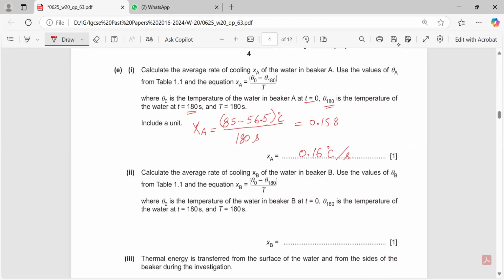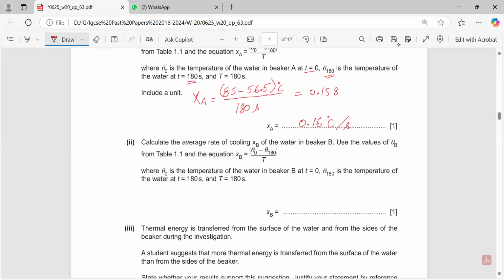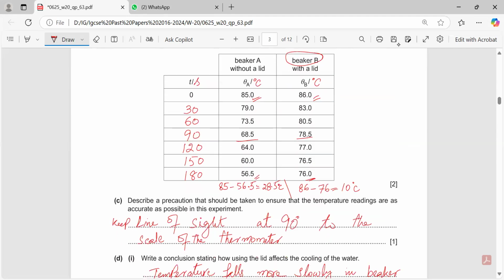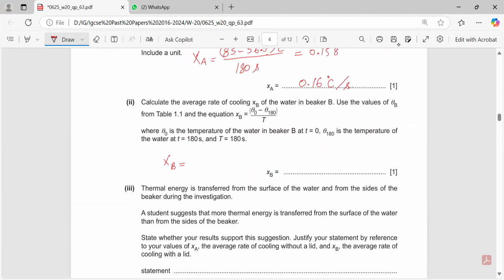Then my dear friends, the same thing we have to check for beaker B. Same scenario. Now XB will be equal to, let's check, the initial value is 86 and the final value after 180 seconds is 76. So 86 minus 76 over 180 seconds, and here you should write degrees Celsius as we are simplifying. So 86 minus 76 equals 10, divided by 180.